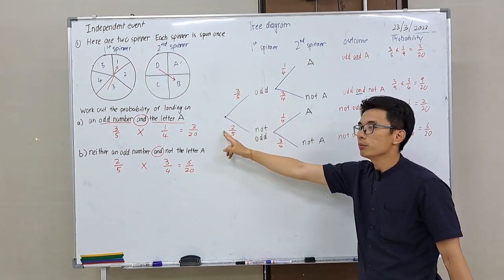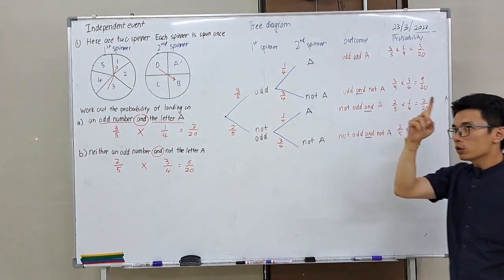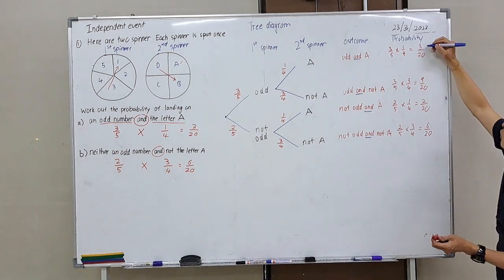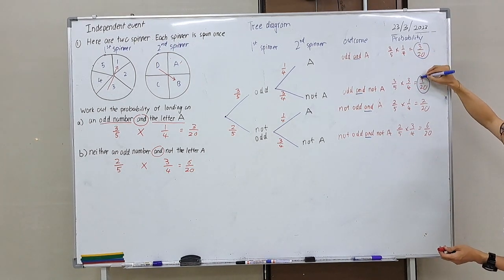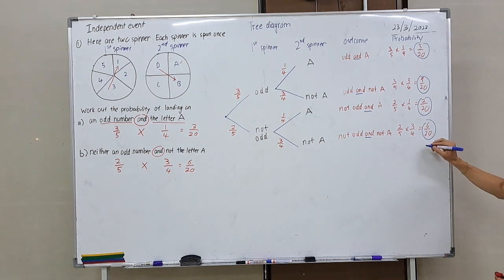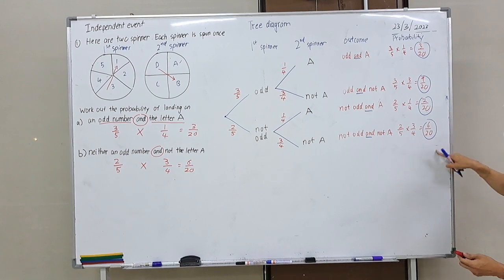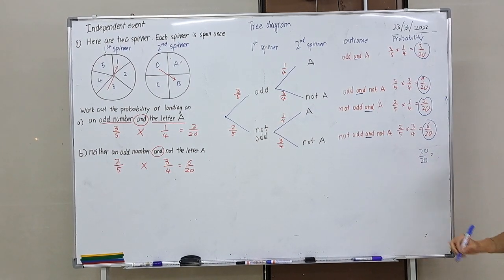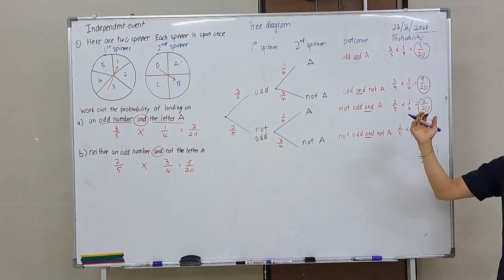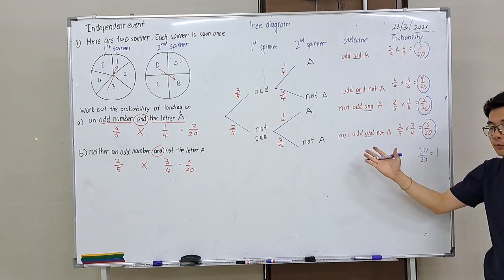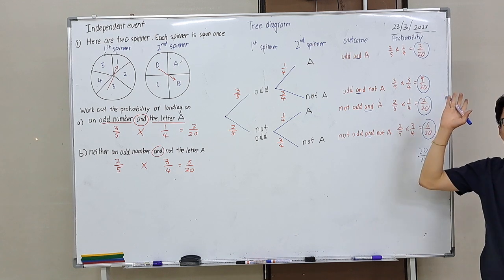When you add the probabilities, they will get 1. Now I would like you to try yourself, add up all these probabilities. And you should get a total of 20 over 20, which is the maximum probability 1. So that's how we do independent events, and that's how we show all the possible outcomes in an independent event through a tree diagram.